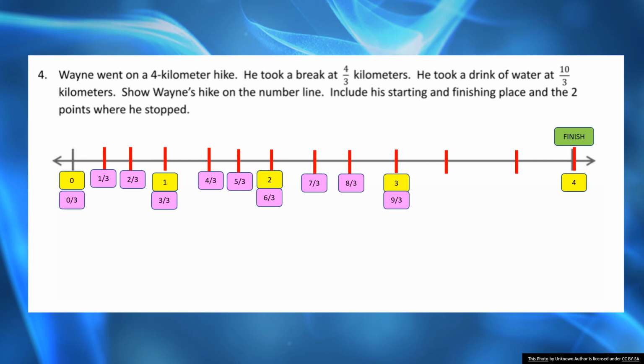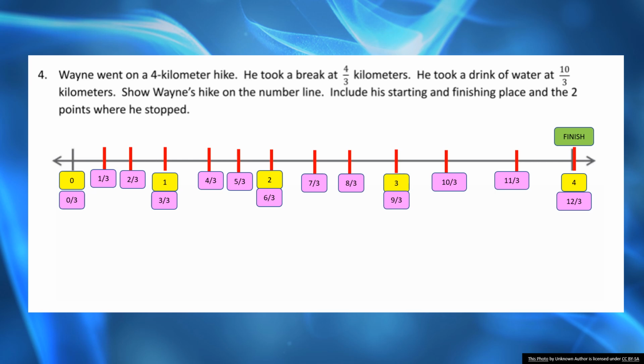Now, I'm still not at the end of my number line, so I keep counting on. After 9/3, it's 10/3, then 11/3, and finally 12/3. And make sure to write 12/3 underneath the number 4, because 12 divided by 3 is 4. That means that 12/3 is equivalent or equal to the number 4.